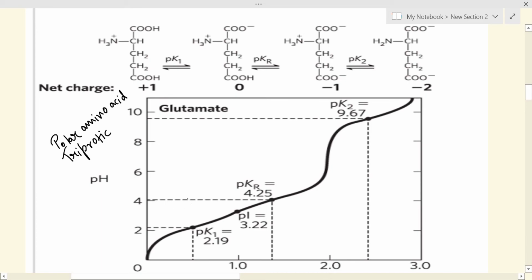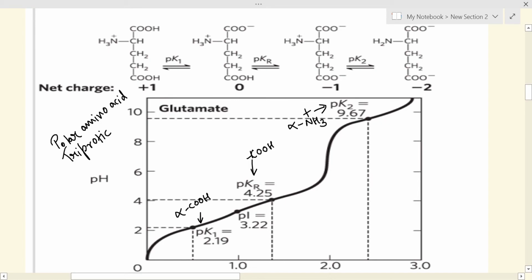As you can see, this is pK1 for the alpha COOH, this is pK2 for the alpha NH3+, and this is pKr or pK3 for the COOH group. It is not the alpha COOH, it is the COOH group of the R group, which is variable in different amino acids.